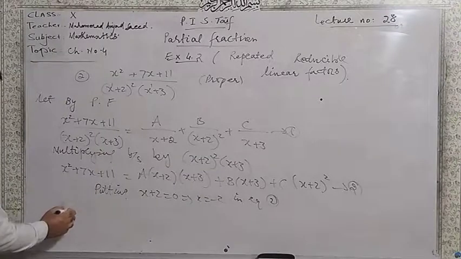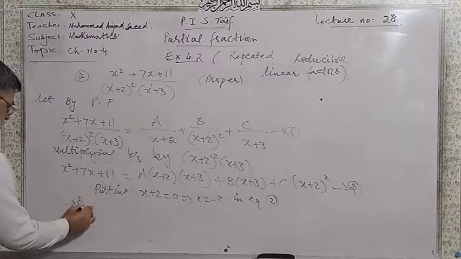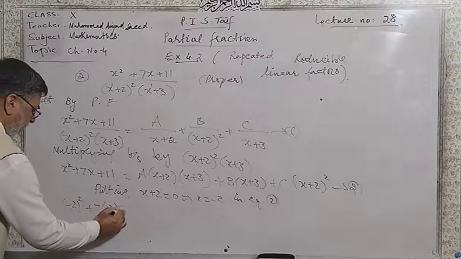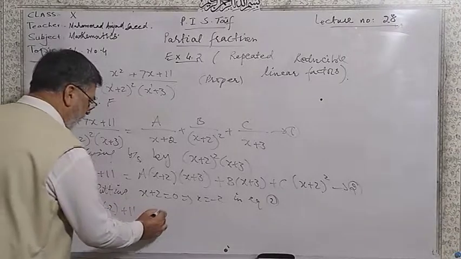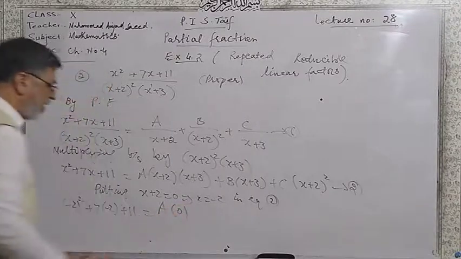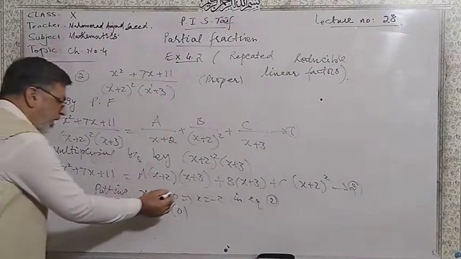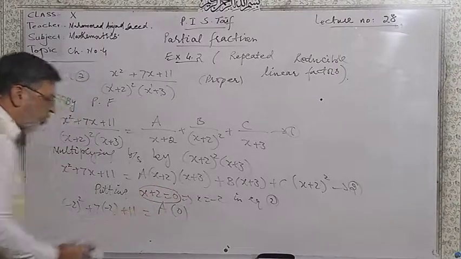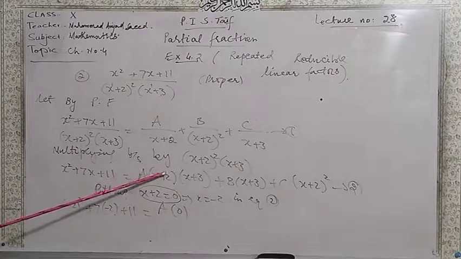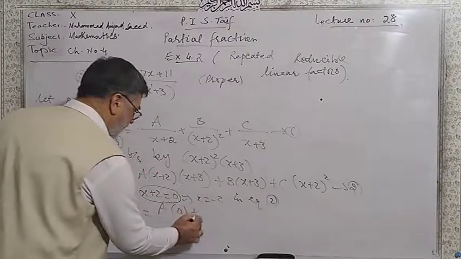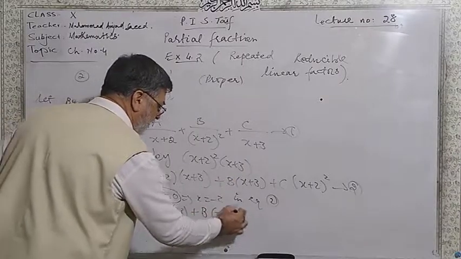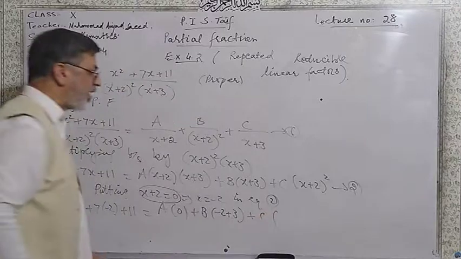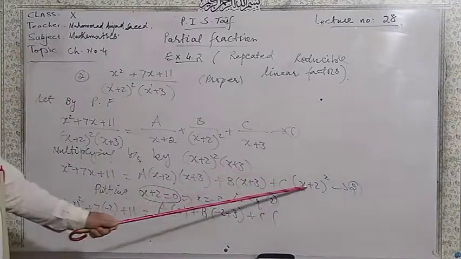Minus 2 square plus 7 into minus 2 plus 11, that is equal to a into, remember that here is x plus 2, you can apply x plus 2 is equal to 0 directly here, plus b into value of x, minus 2 plus 3, plus c into again x plus 2 equal to 0.